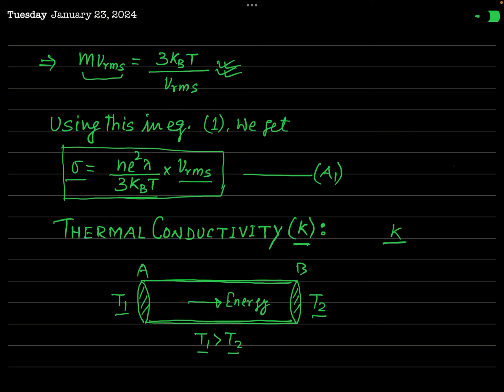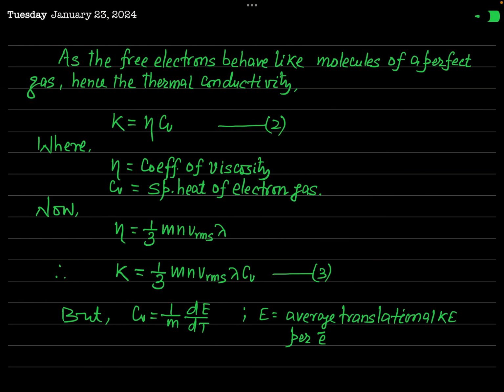So here I will write directly the expression for thermal conductivity of electron gas on the basis of kinetic theory of gases. You have to remember it and write it down directly here, because this is just studied in the case of kinetic theory of perfect gas.